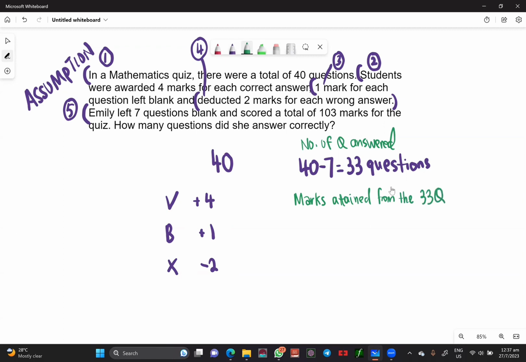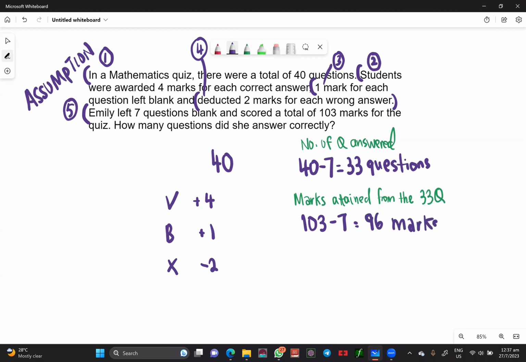How do we go about that? We just simply have to do 103 minus away 7, because 7 questions blank, each question 1 mark. So 103 minus 7, you get 96 marks.